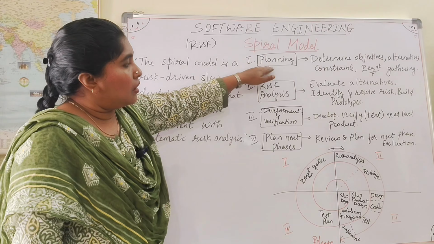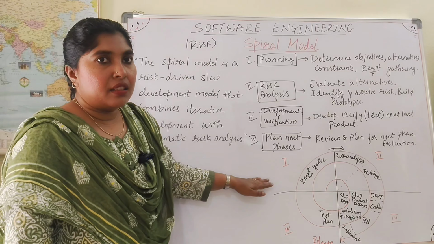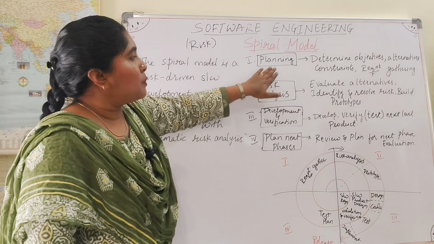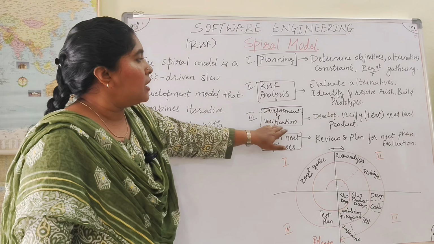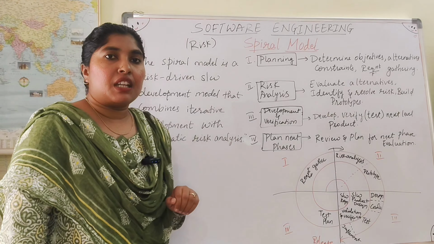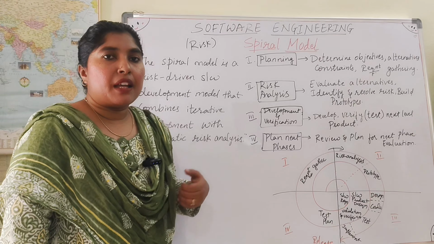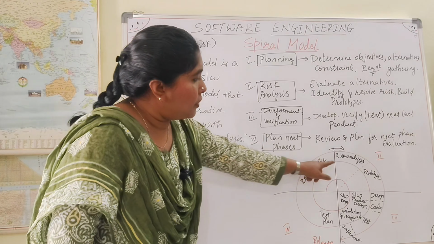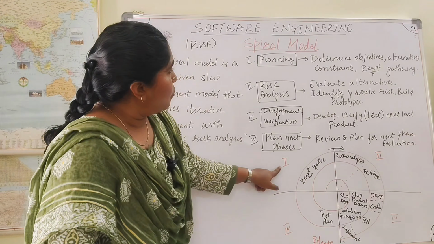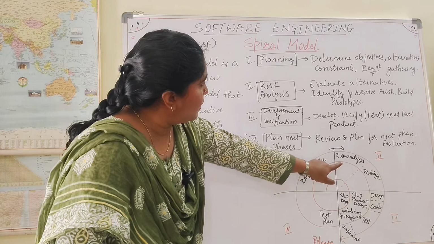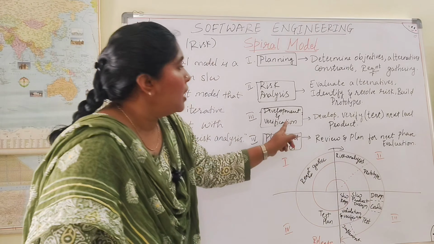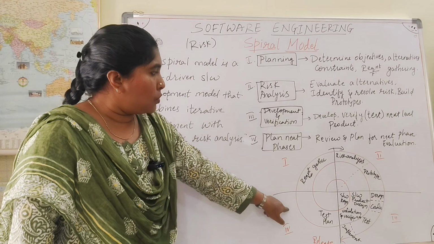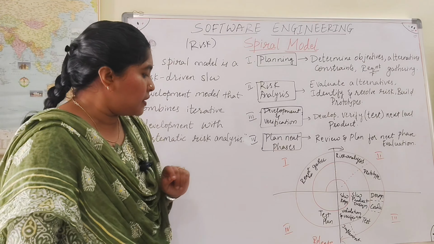The spiral model has 4 phases. The first phase is planning, the second is risk analysis, the third is development and verification, and the fourth is plan for the next phase. In the spiral model, here I have written the 4 phases: one represents planning, the second risk analysis, the third development and verification, and the fourth plan for the next phase.